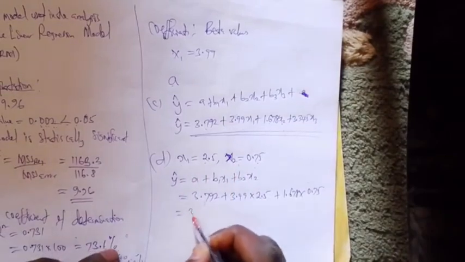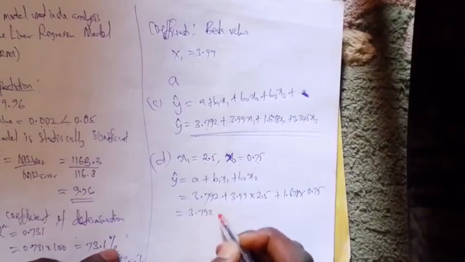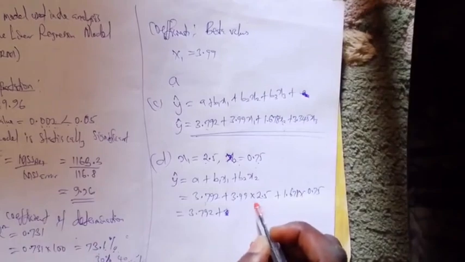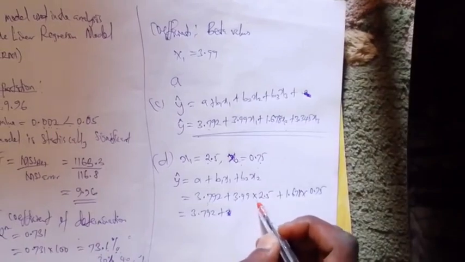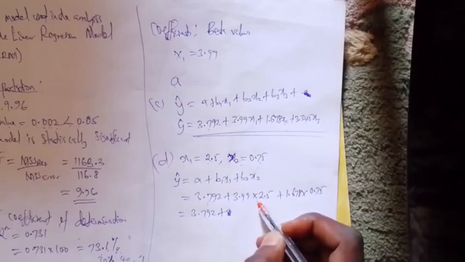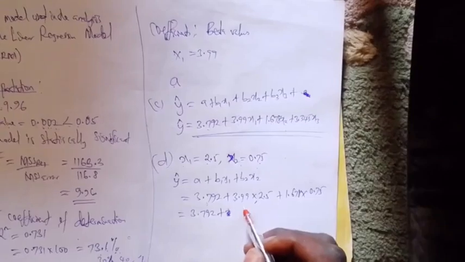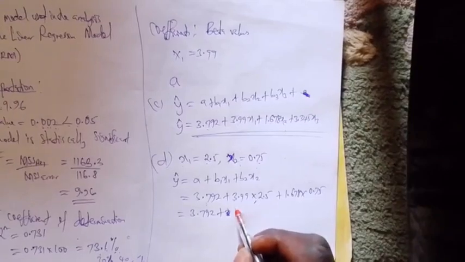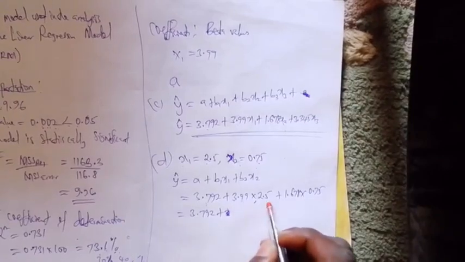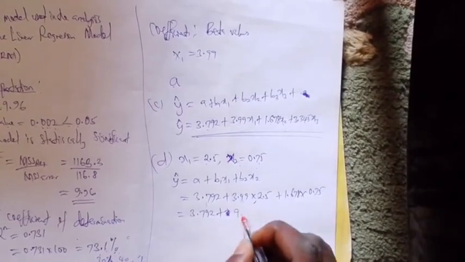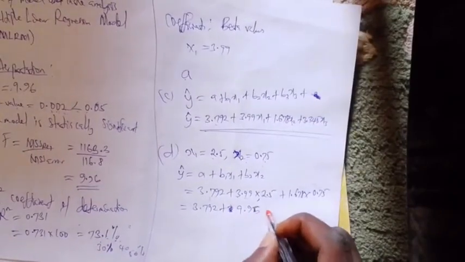So 3.792 plus 3.99 times 2.5. If you use your calculator, 3.99 times 2.5, the answer is 9.975, right?